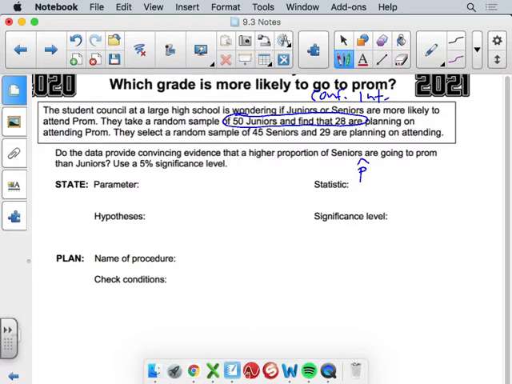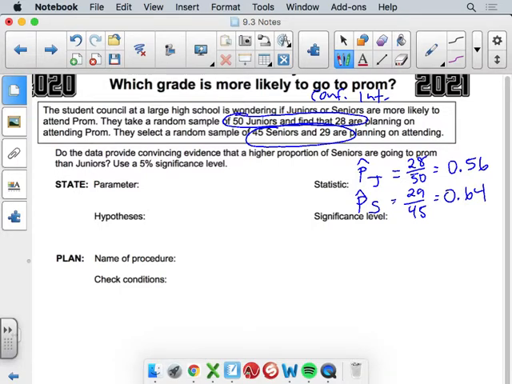So on this one, juniors and seniors, I'm just going to say p hat J for juniors, was 28 out of 50 planning on going to prom, which comes out to like 56%, so 0.56. And the sample proportion of seniors was 29 out of 45, which is like 64%.